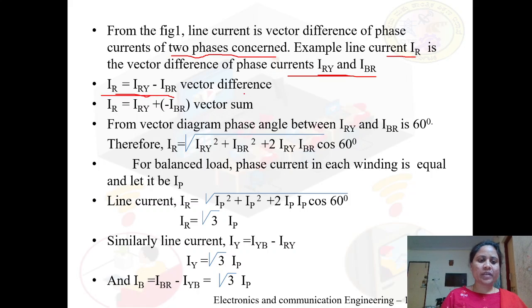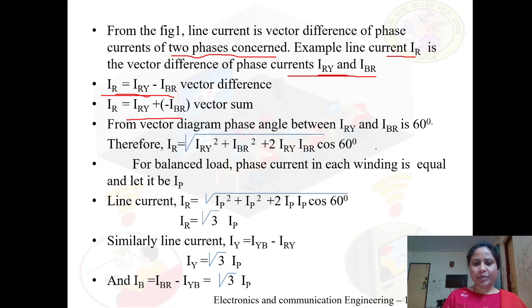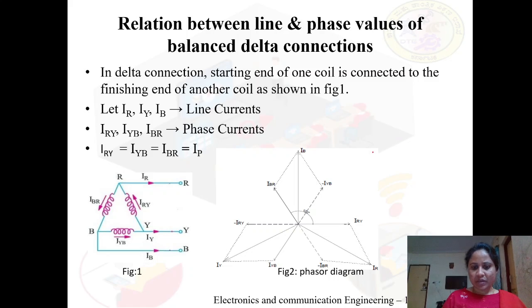Or we can also write this expression in vector sum form, that is IR is equal to IRY plus minus IBR. And from this phasor diagram, the angle between IRY and IBR is 60 degrees.